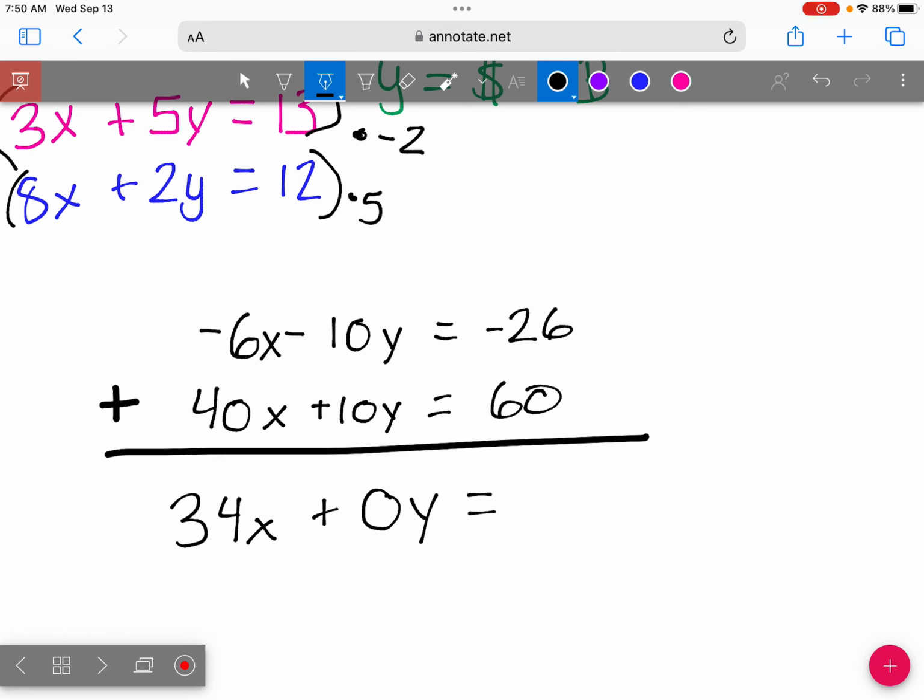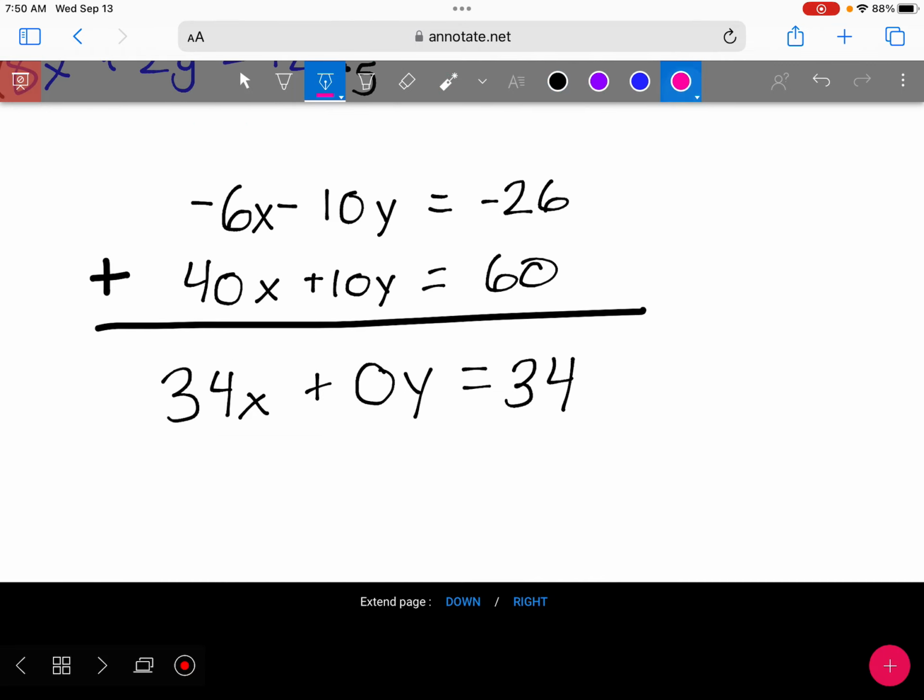And 60 minus 26 gives us 34. The whole point of this is for one of our variables to cancel out. If we don't have a variable cancel out, stop. We should get 34x equals 34. So what does x equal? 1.